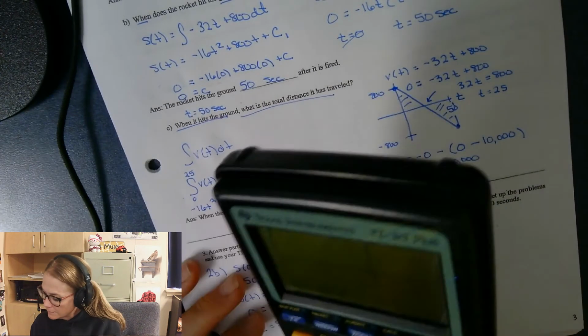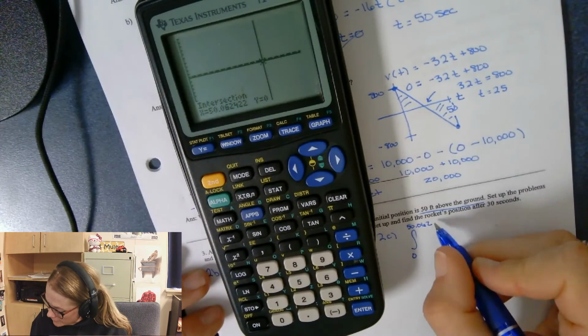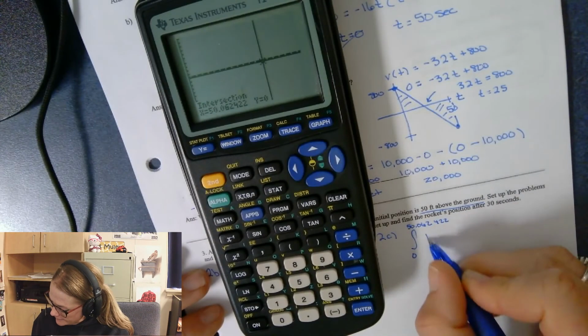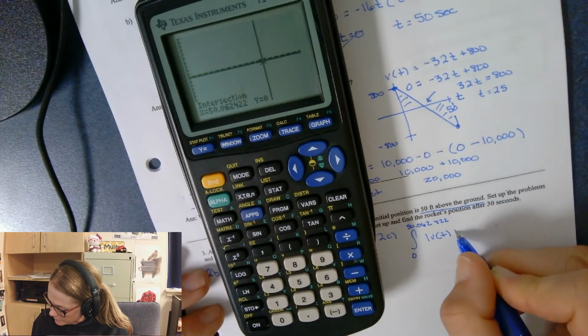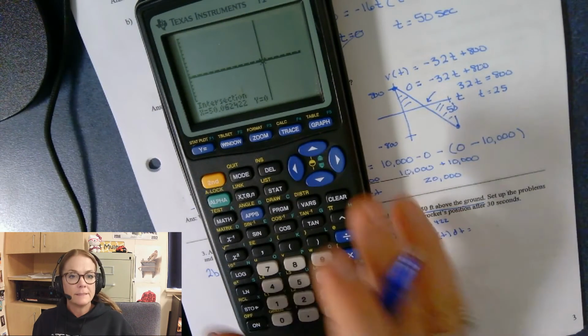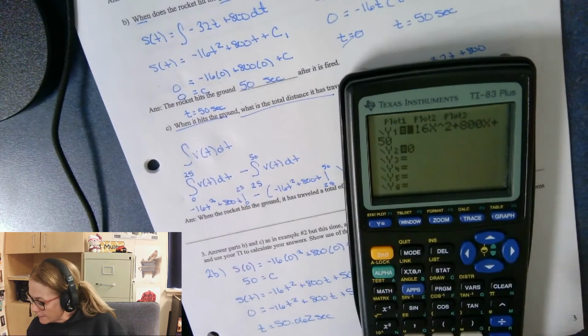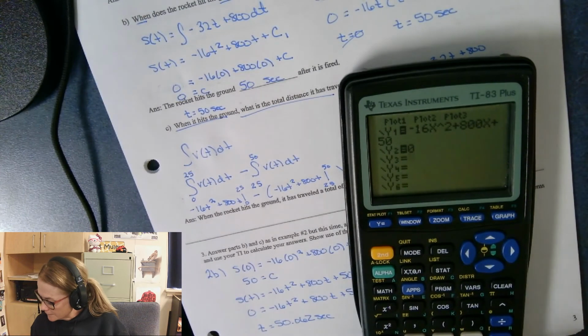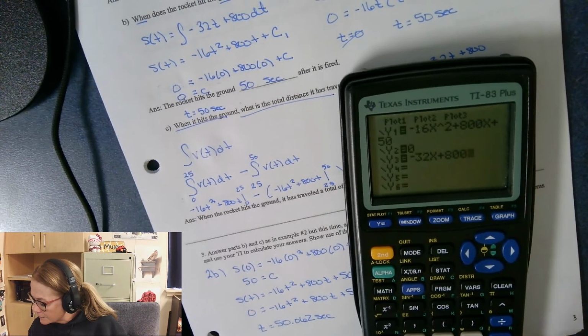And 422, I'm going to go ahead and grab it all so it's precise. And this time I'm going to do the integral of v of t dt. Okay, all right, and so let's plug that in. Let's just go here, negative 32t plus 800 was our v of t.